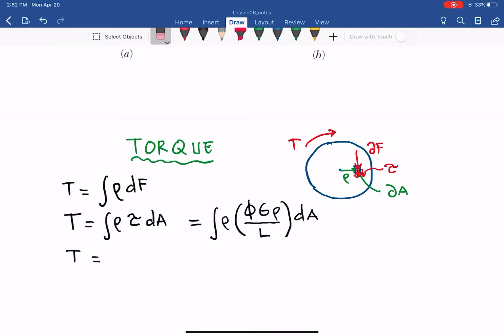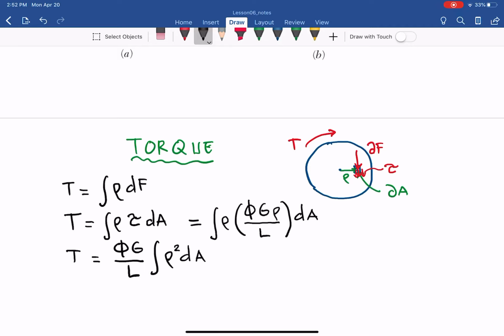Phi will be constant, G will be constant if the material is homogeneous and isotropic, and L, the cross section being undistorted, is what we assume, so L is also constant. We can bring those out. So we have phi G over L outside, and then rho times rho, it's rho squared dA, rho squared dA. We are getting there.